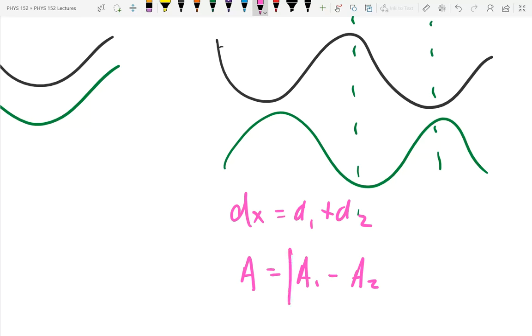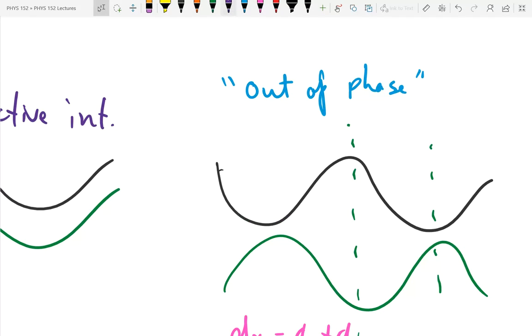Actually, you better put an absolute value sign because you can't get a negative amplitude. So that's what we call destructive interference. I've got to add the word destructive interference up here. If it's destructive interference, your amplitude goes down.